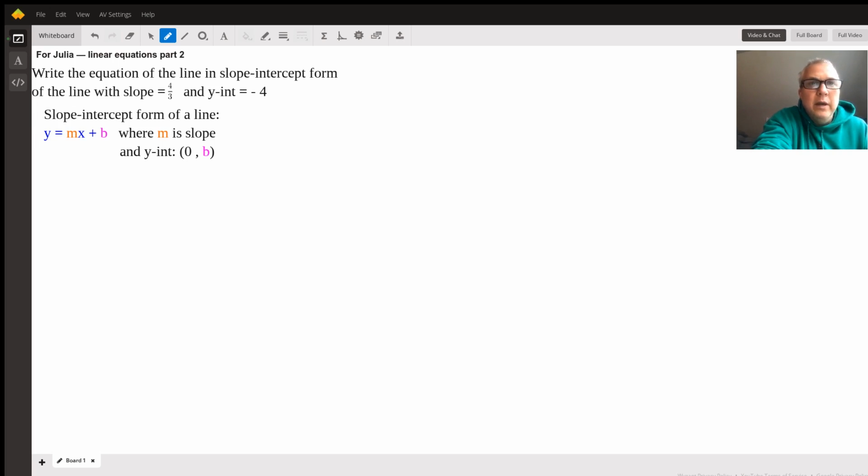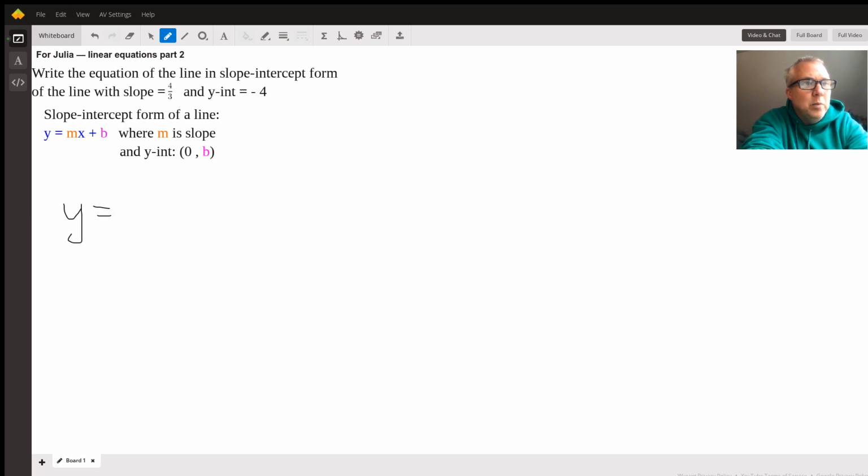As long as you know that slope-intercept form of a line is y equals mx plus b, where the number in the place of m represents the slope, and the number in the place of b represents the y-intercept, we can just go ahead and write the equation. So we're going to write y equals, and then what do they tell us?